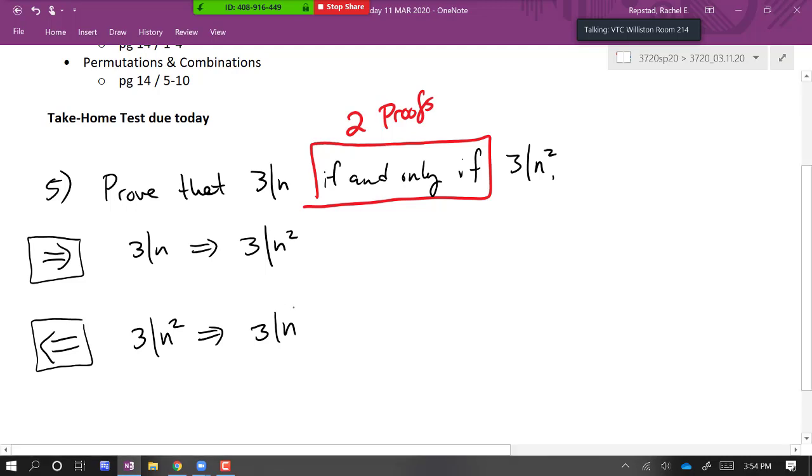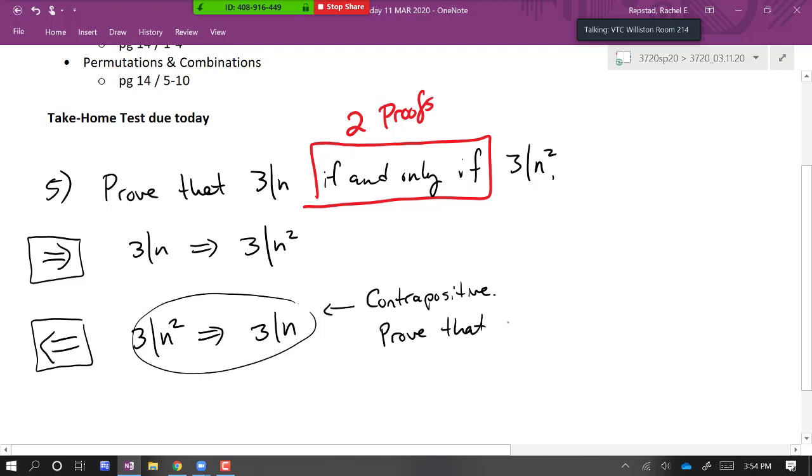So I would do this one by using the contrapositive. So what you want to do is prove that if 3 does not divide n, then 3 does not divide n squared.